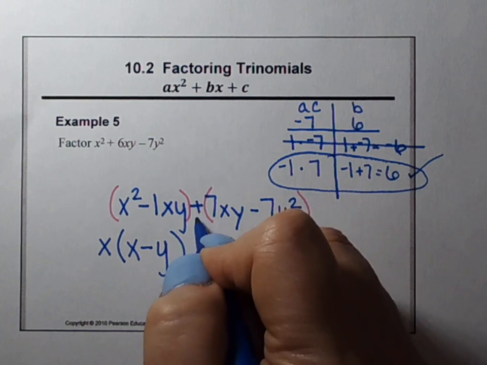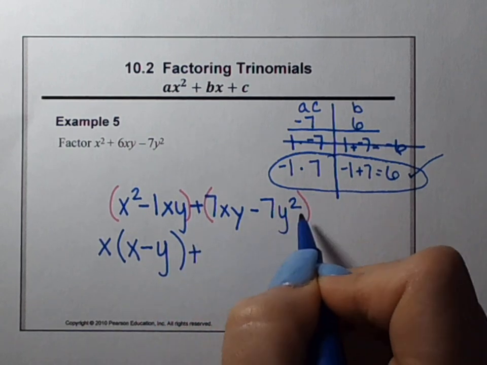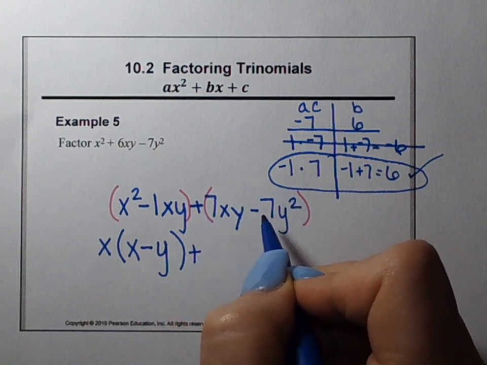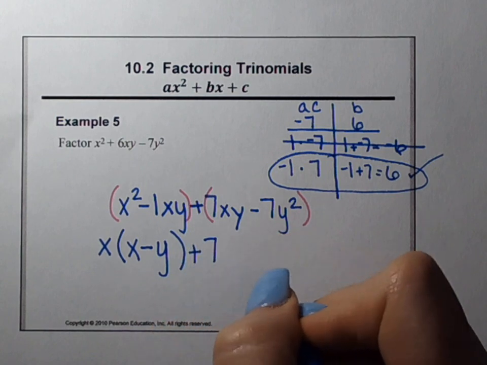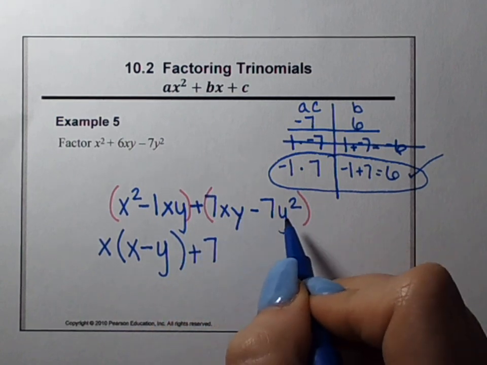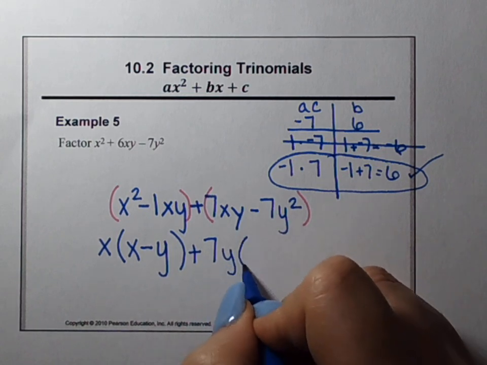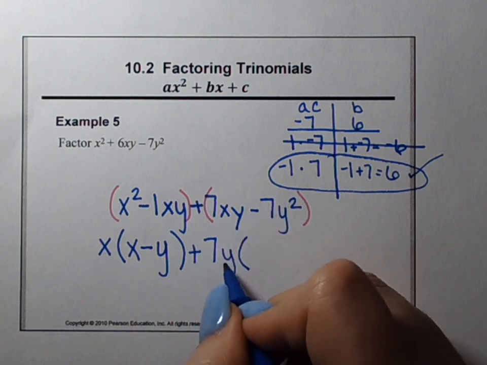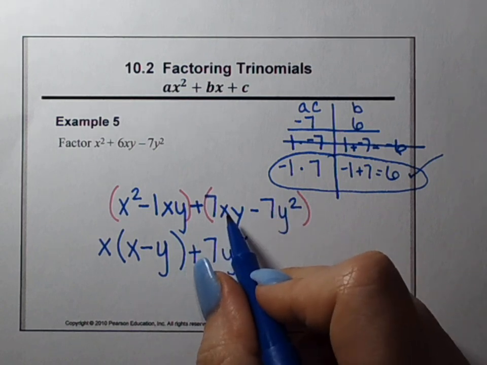Alright, so then the plus comes down, that positive comes down, and I want to look at my GCF here. Well, we can see right off the bat they both share a 7, so I'm going to have to factor that 7 out. And they both share a variable. They both share one y. So let's factor out that y. So my GCF of this last group was a 7y. What do I multiply 7y by to get to 7xy?